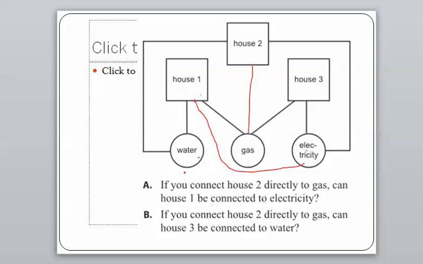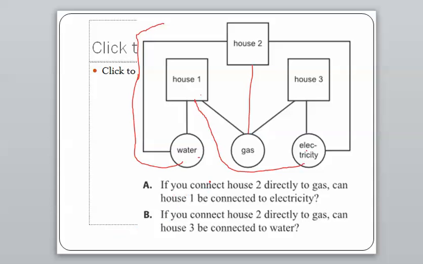How do I get water to house 3 then? I can't go over the electric line. I can't go over these other lines inside here. You cross over the gas line. Well, that's where you got to go all the way around the outside, right? That sure seems like, well, going around the outside's not going to get me there, is it?